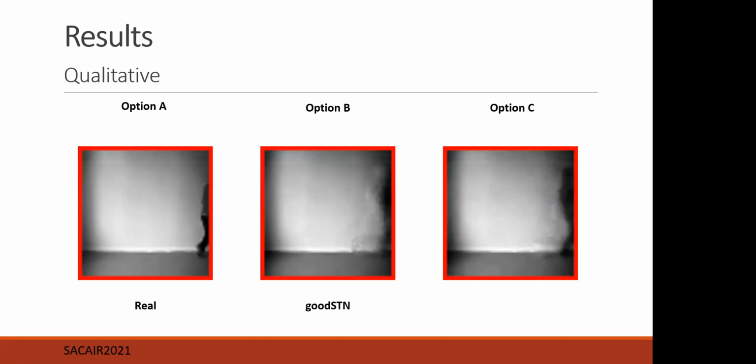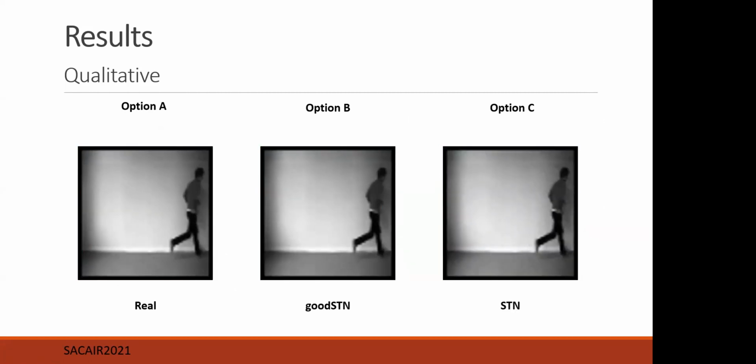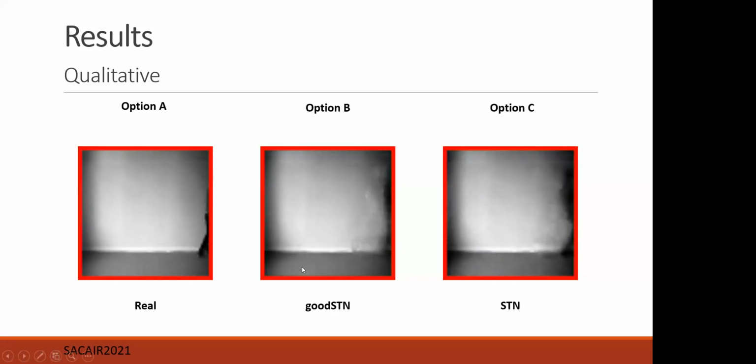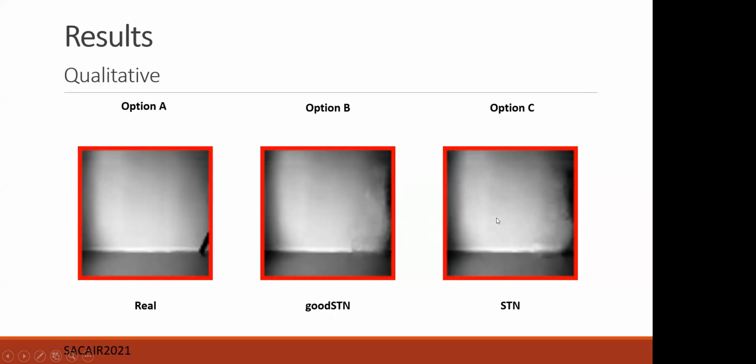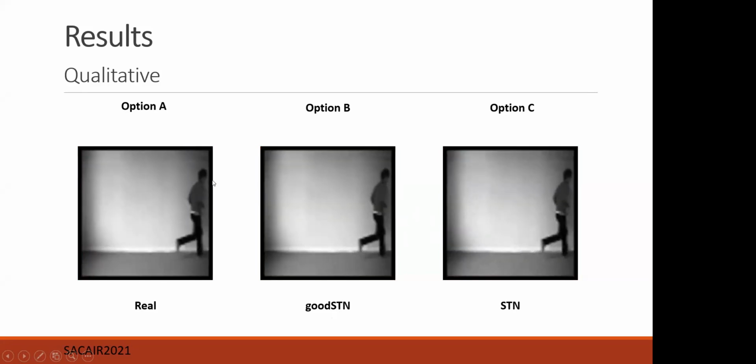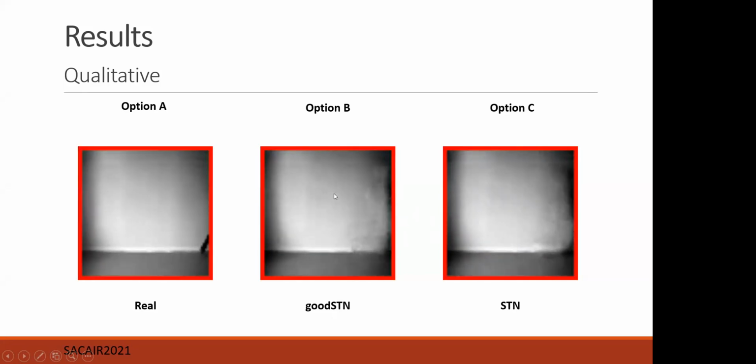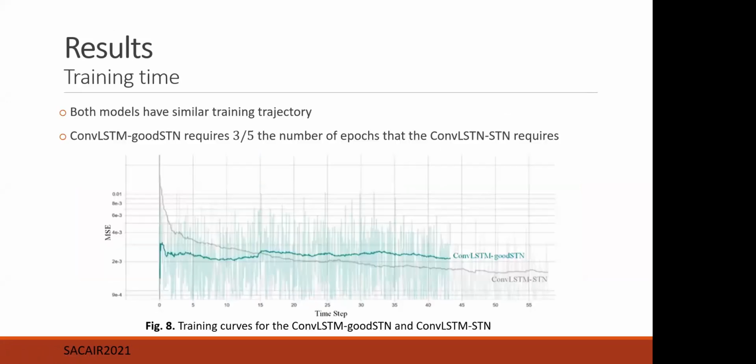And option C was generated by the ablation, the STN model. So there's not much of a difference, if any, between B and C. And perhaps on a good day, it might even fool the reader into thinking it is a real sequence between A and B. So that's how it was qualitatively evaluated in our work.